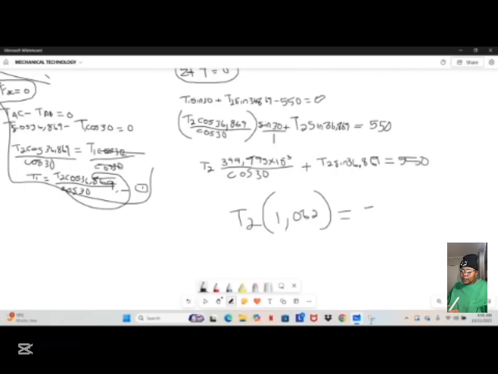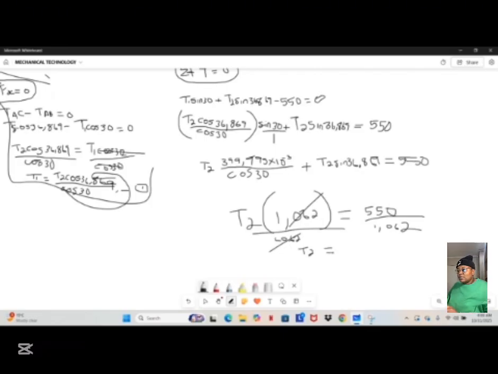T2 is equal to 550 divided by 1.062, which is equals to 517.891 newtons. So we have found T2.